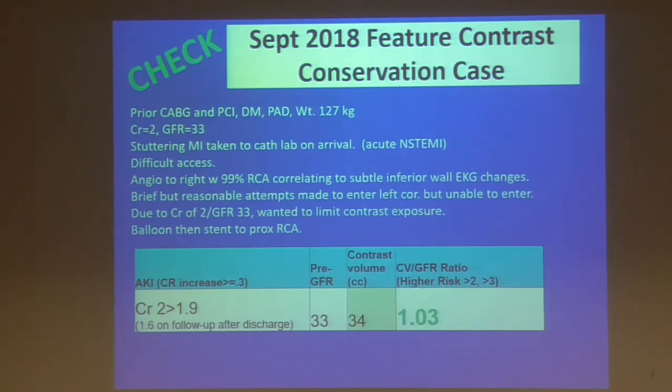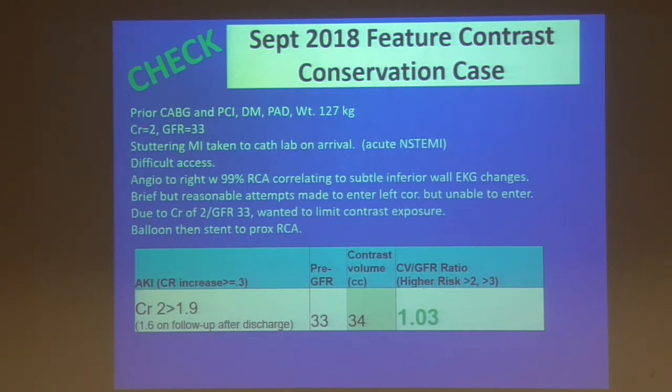Here's a great example. So this patient came in, they had a history of a CABG and a PCI, diabetic, PAD, 127 kilograms, creatinine 2, GFR of 33. They presented with a stuttering MI, having an acute non-STEMI. As they went to the cath lab, there was difficulty accessing the patient's artery.